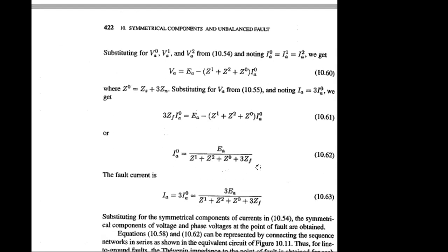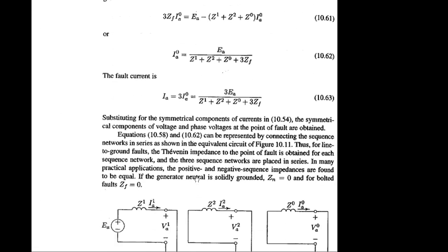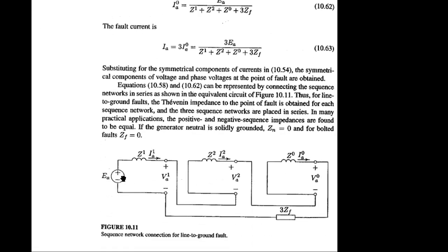Actually, this part you have to be careful about: how this equation generates the equivalent circuit. Can you see how this is drawn based on this equation? Here you can see all the impedances are connected in series: Z1, Z2, Z0. So the Z1 circuit, Z2 circuit, and Z0 circuit should be connected in series.